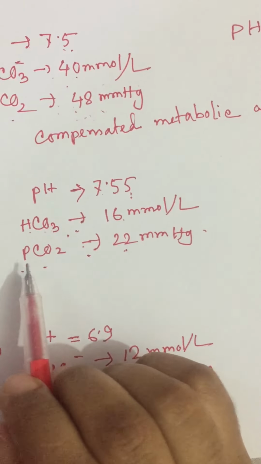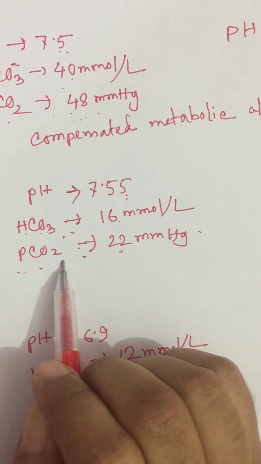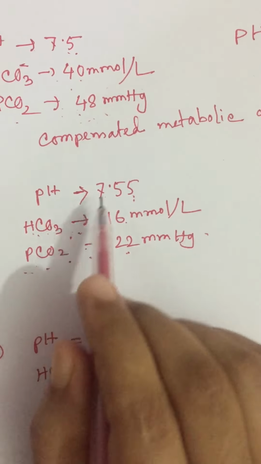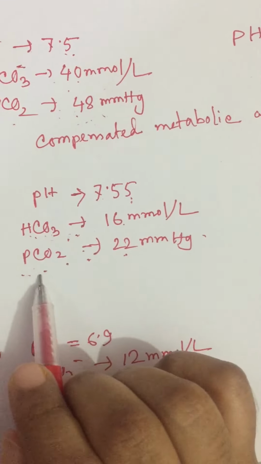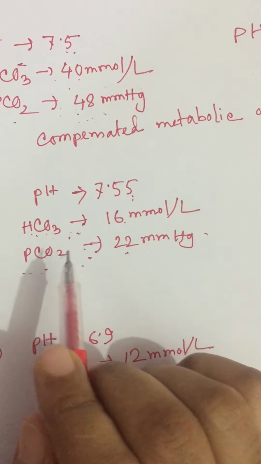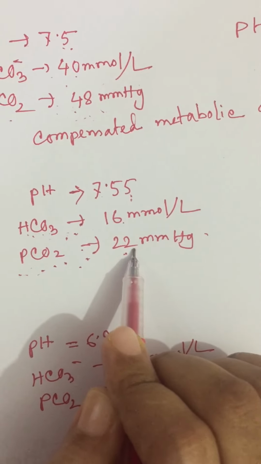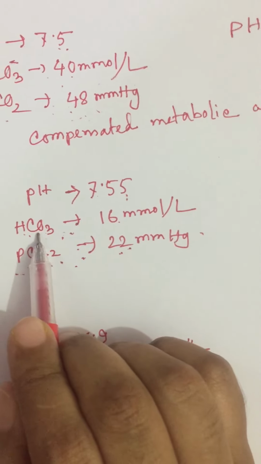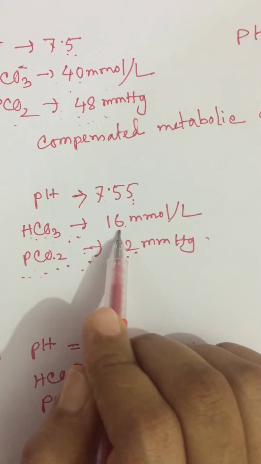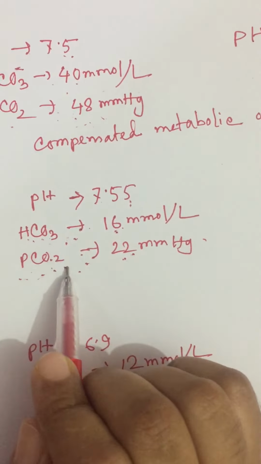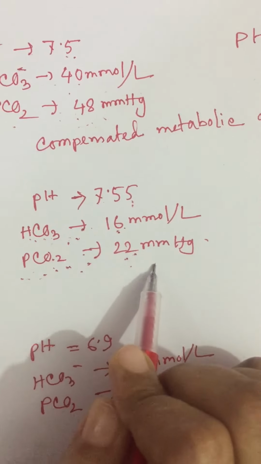So primary change here is partial pressure of carbon dioxide, because we cannot describe this condition with metabolic alkalosis, but we can describe this with respiratory alkalosis. To compensate, bicarbonate should also be decreased. Here bicarbonate is decreased, so it is a compensated case of respiratory alkalosis.